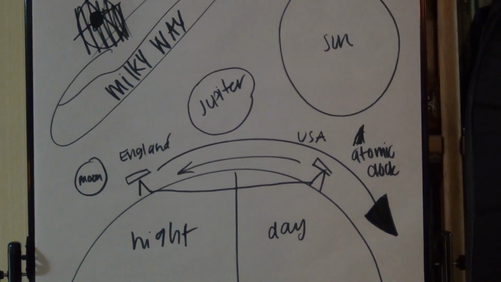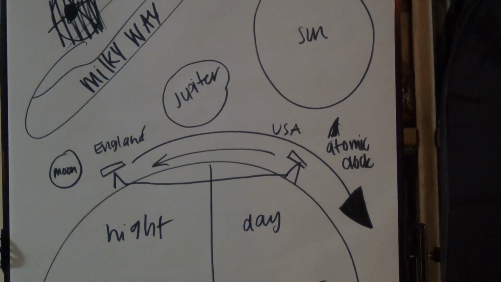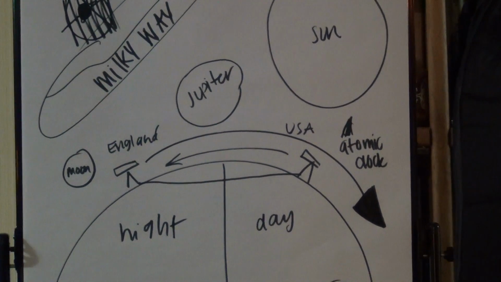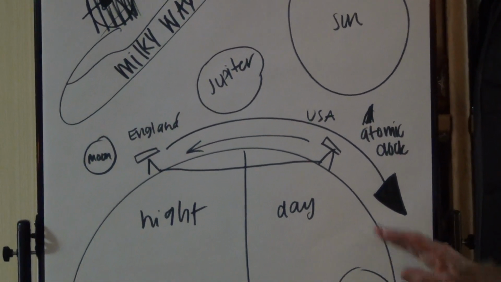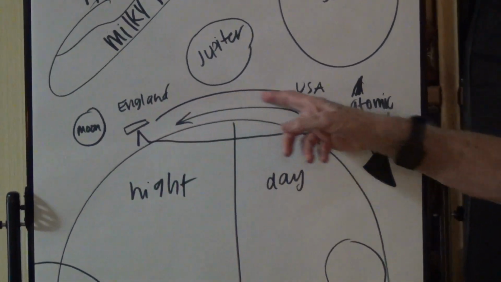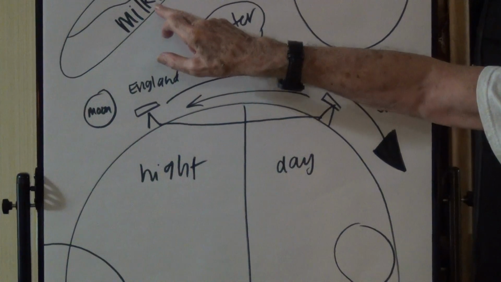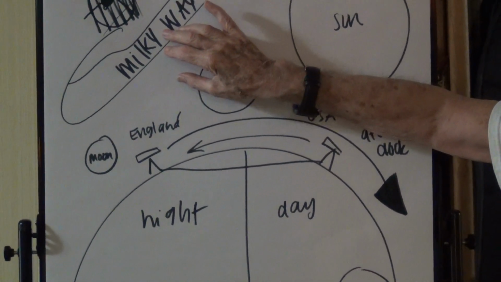Okay? There's another way to do this. The way we're going to do it, or amateurs do it. And this gets a little complicated. We're going to be going around. This galaxy is only going to be there certain days, certain times.